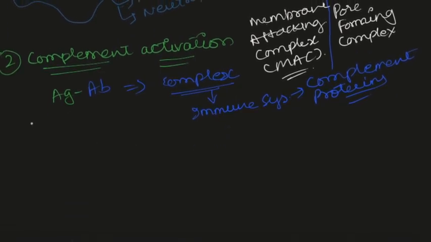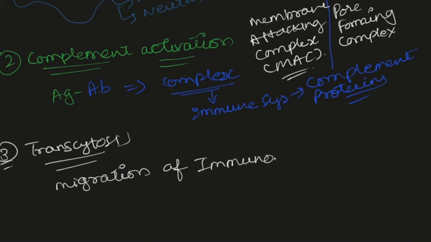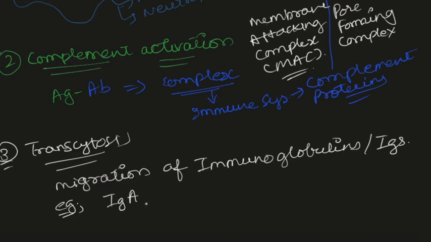Now the third important function is called transcytosis. Transcytosis means migration of immunoglobulins, or Igs. Examples are IgA and IgG.